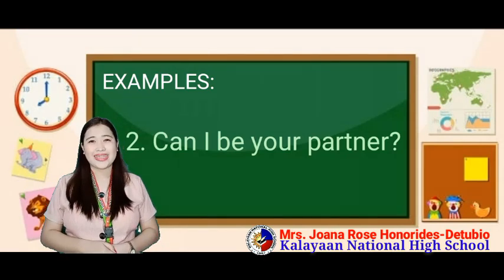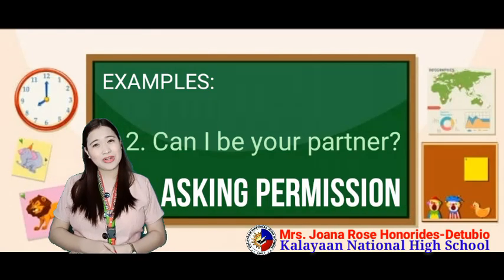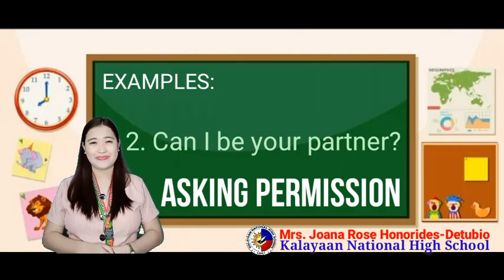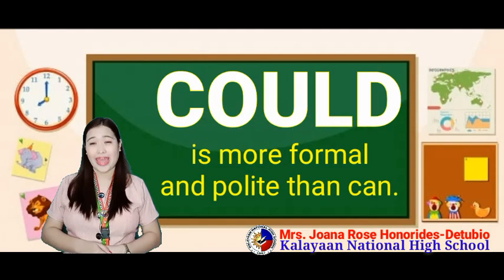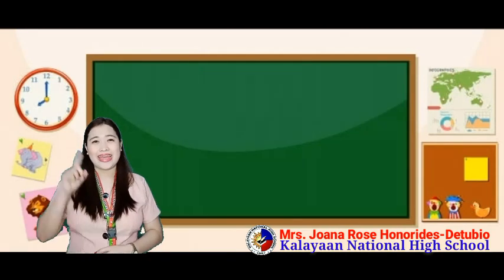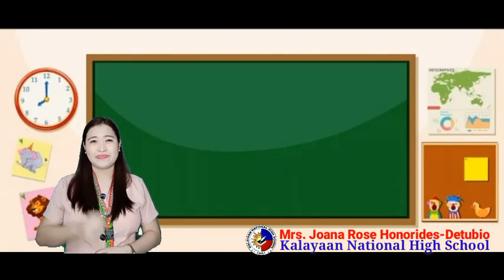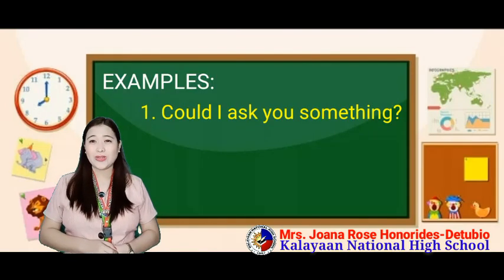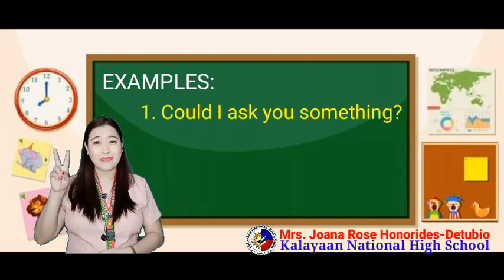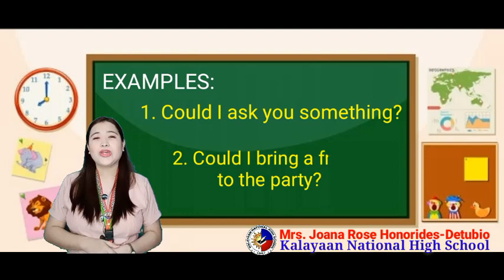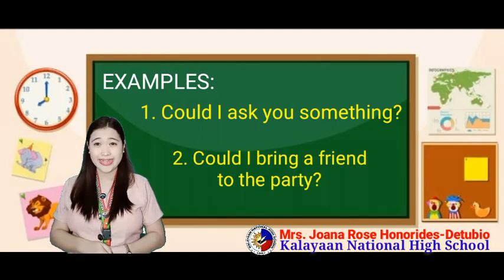This sentence expresses asking permission. Could is more formal and polite than can. Example number 1, could I ask you something? Example number 2, could I bring a friend to the party?